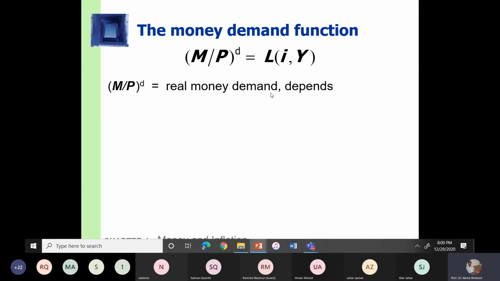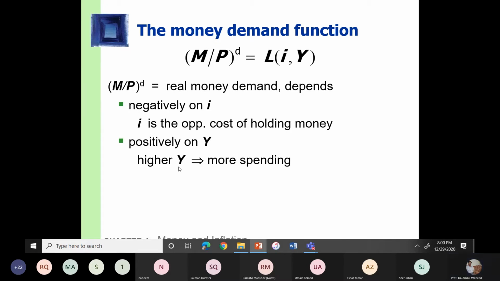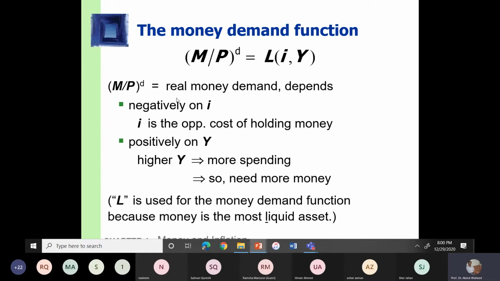So this is real money demand, which depends negatively on the nominal interest rate, which is the opportunity cost of holding money, and depends positively on real income or real output. Higher real income means more spending, so there will be more need for money for transaction purposes.